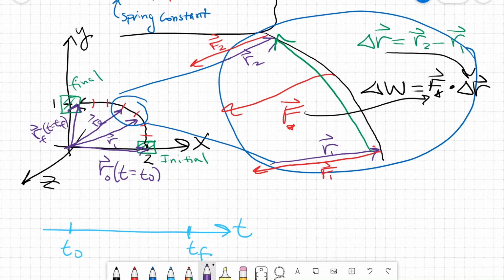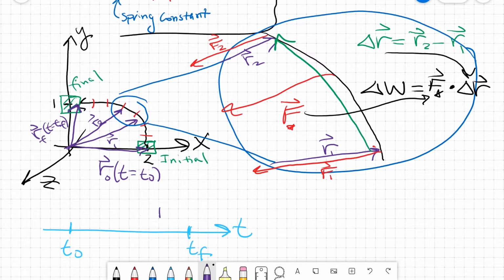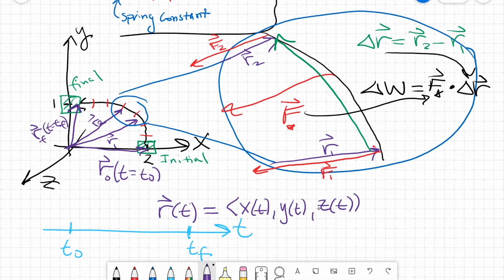And we'll get position vectors everywhere in between as we move along this trajectory. Thus, our parameterization is the vector valued function r of t, which maps our time axis to our position. This is called a parameterization, and the bounds of our time will be t naught and tf.